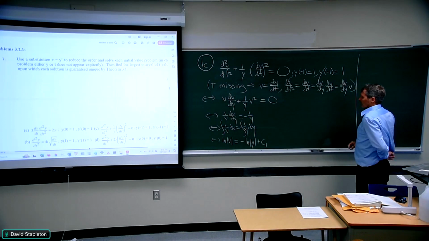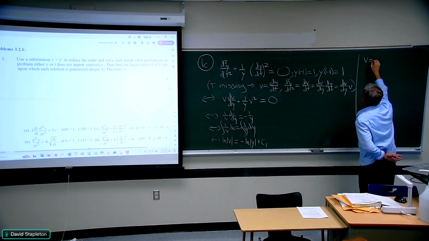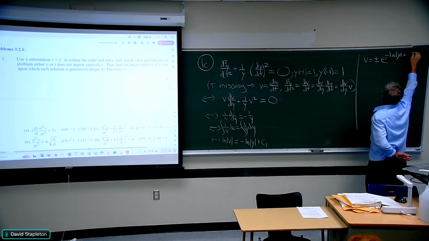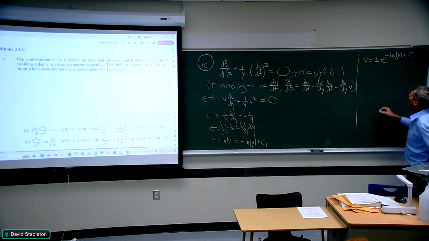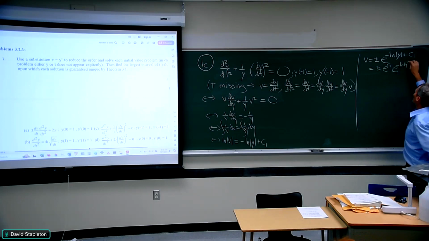Now we need to solve for v, so we'll take the exponential of both sides and take the absolute value away, obtaining v equals plus or minus e to the minus ln absolute value of y plus c1. Well, this is plus or minus e to the c1, e to the minus ln absolute value of y. Putting the minus 1 in the exponent, that's e to the ln of y to the minus 1.